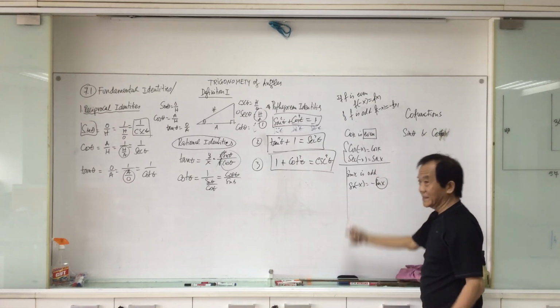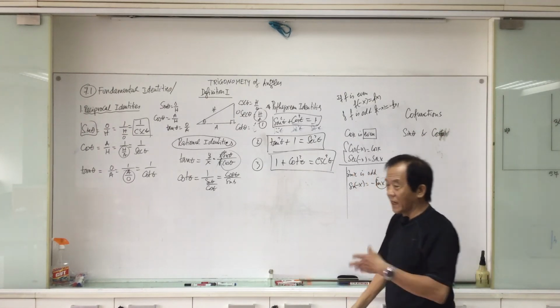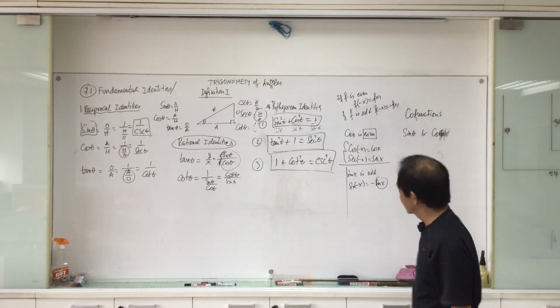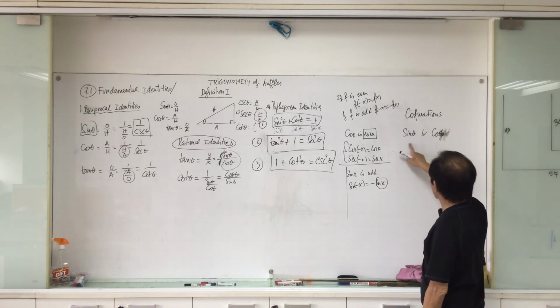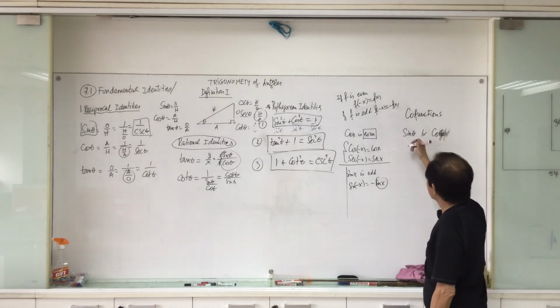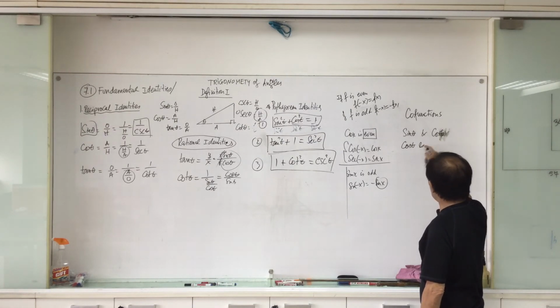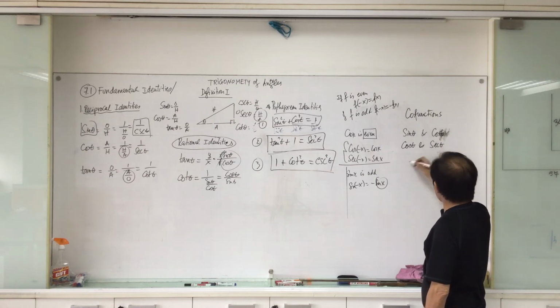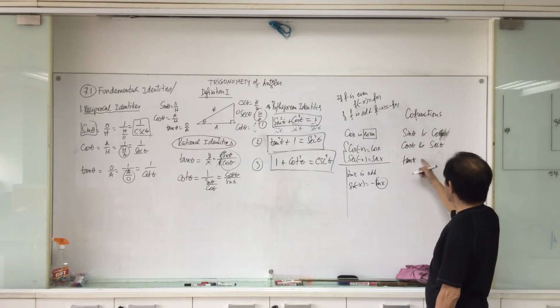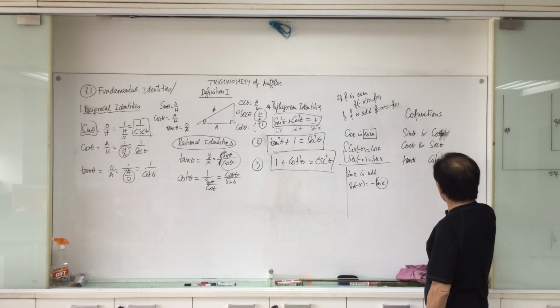You see, very easy. Sine, cosine, secant, cosecant. Okay, so if I put secant here, the cofunction should be cosecant, right? But I prefer you do it backward like this. Cosecant theta is the cofunction of secant of theta, and the cofunction of tangent theta equals cotangent of theta.